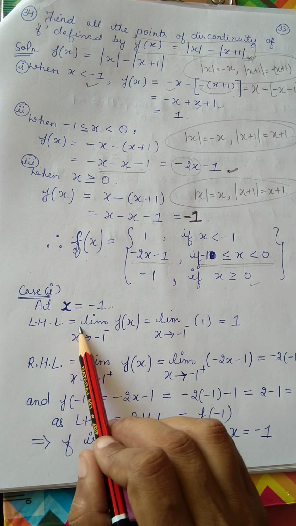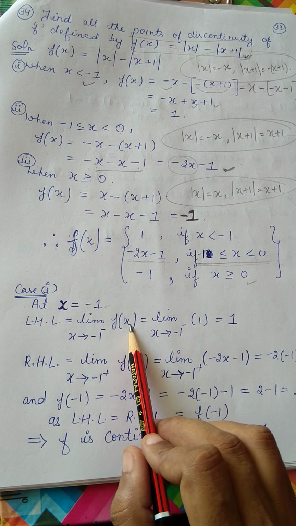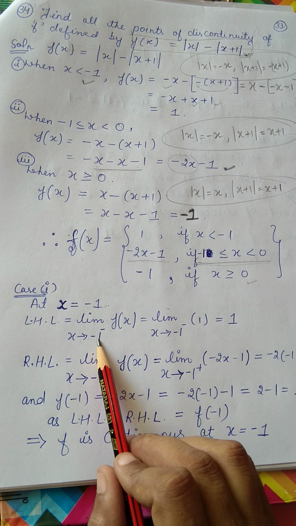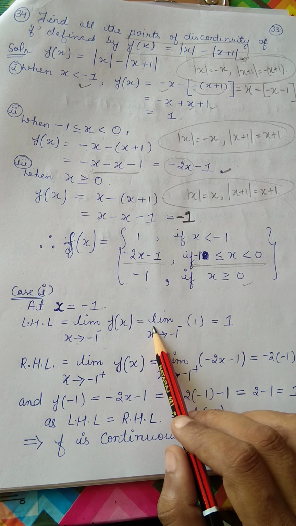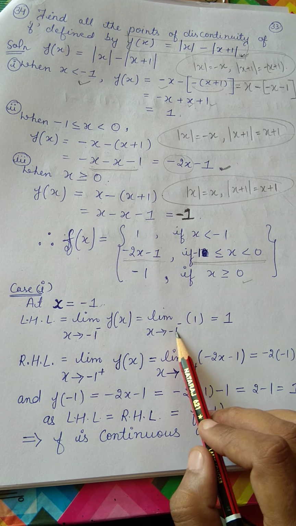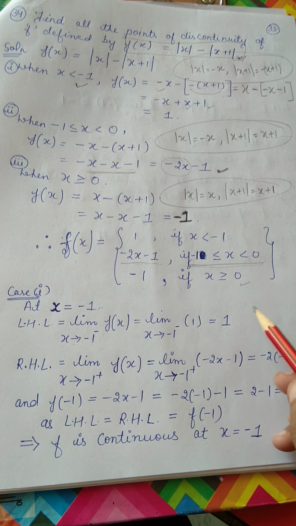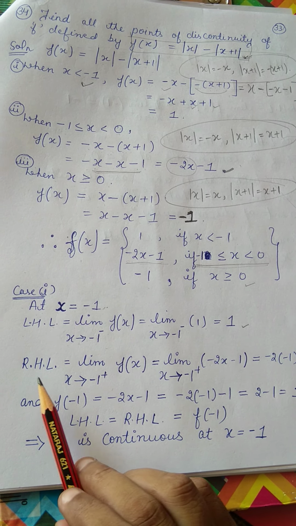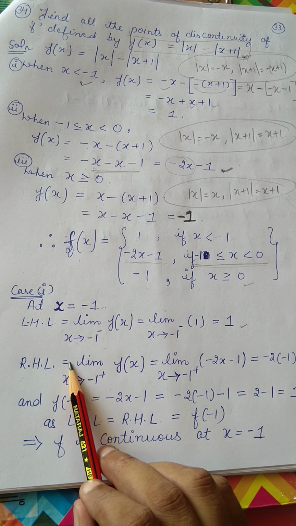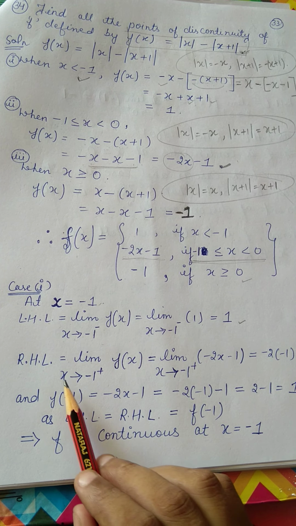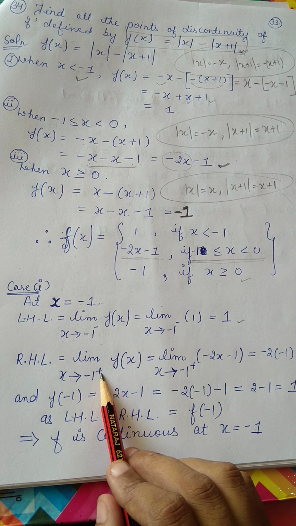Your LHL will be equal to limit of f(x), x tends to minus 1 negative, that will give you 1. And then bache, RHL is equal to limit of x tends to minus 1 positive.